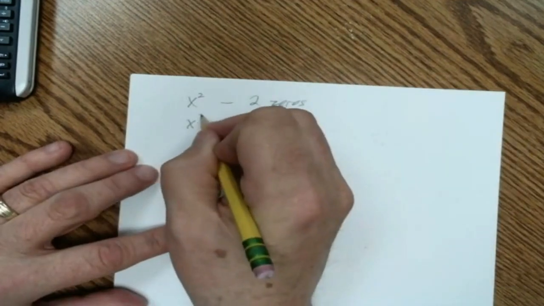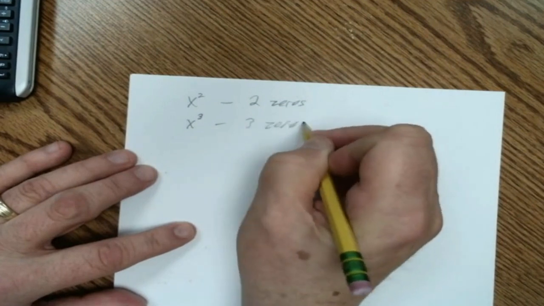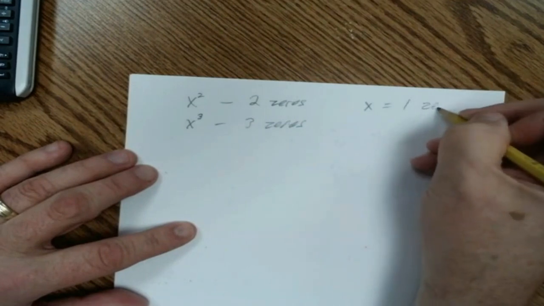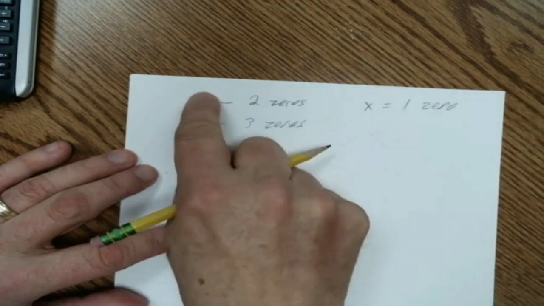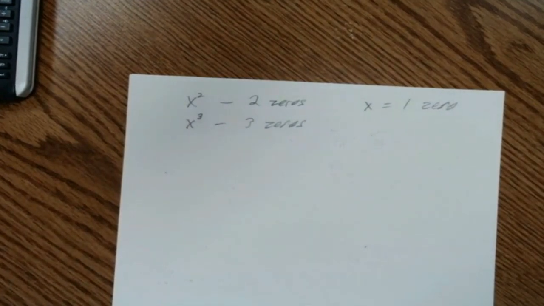If it's x to the 3rd, I should have 3 zeros. All right, if it's x, it only has 1 zero. Whatever the highest exponent is tells us how many zeros the equation can have.